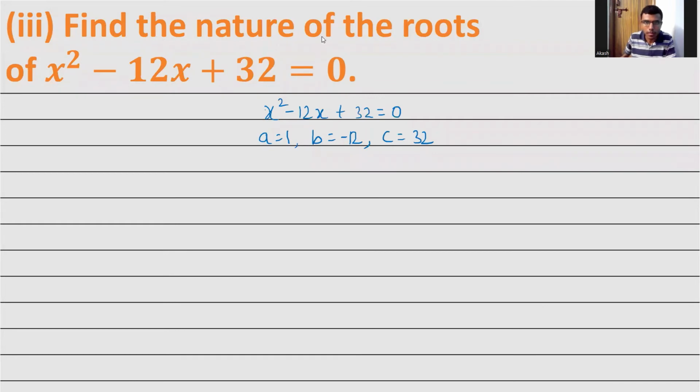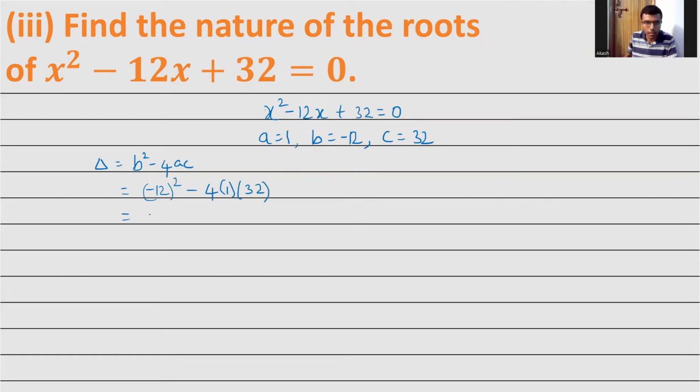So basically we have delta as b square minus 4ac. So b square is minus 12 whole square, minus 4 times a is 1 and c is 32.